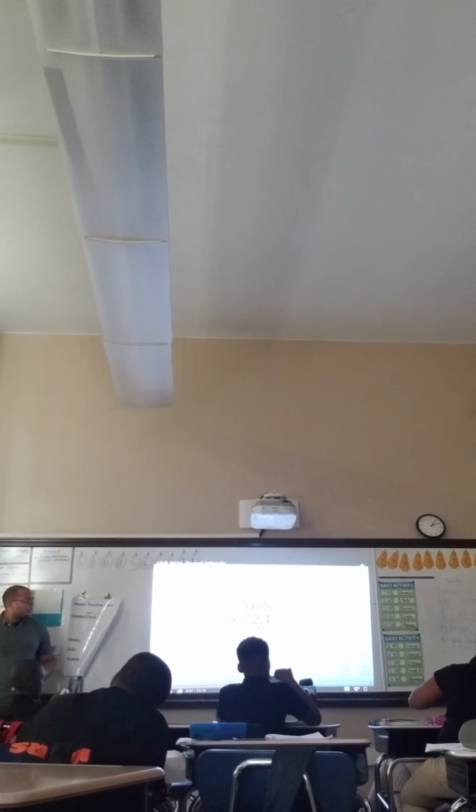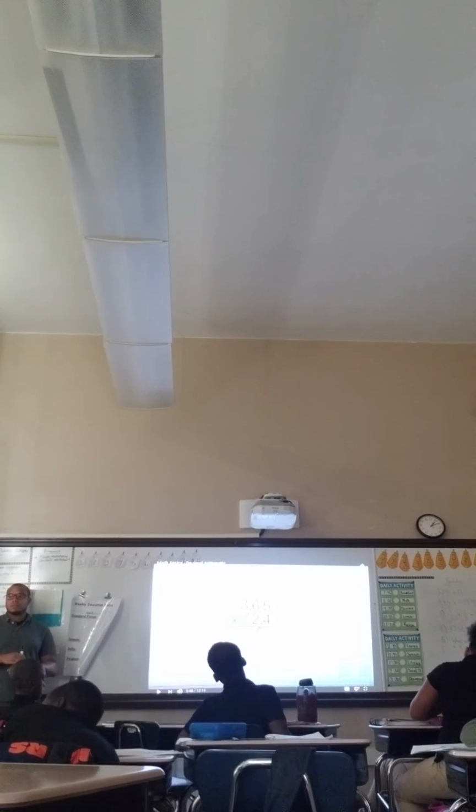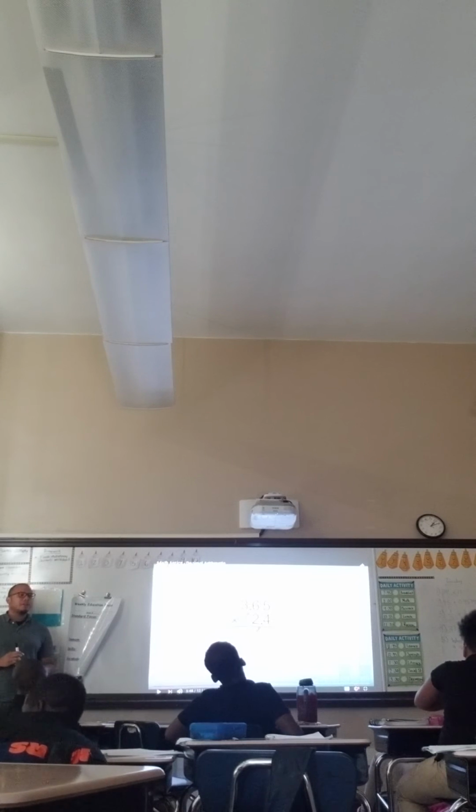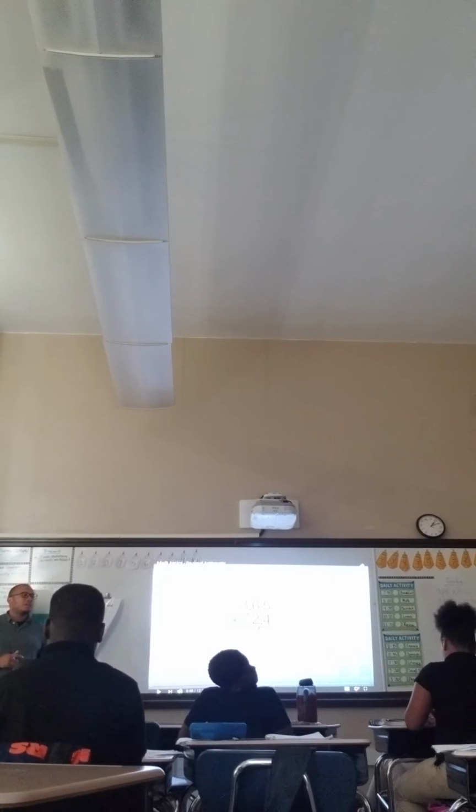So, by ignoring the decimal points, what was the explanation? What did he say? He said the decimal points are actually there in 365 times 24, but they're actually shifted. I might ask you a question on your test about that.